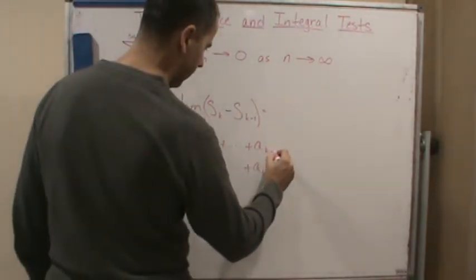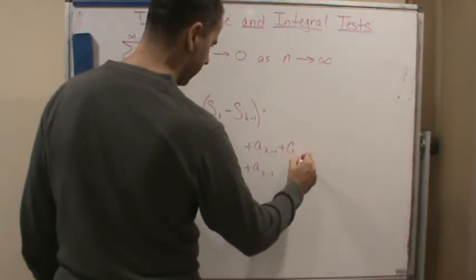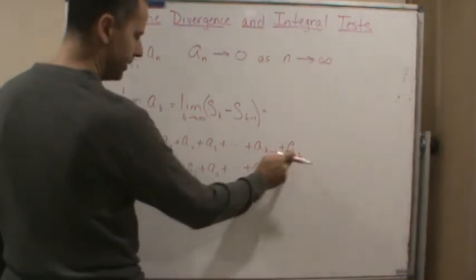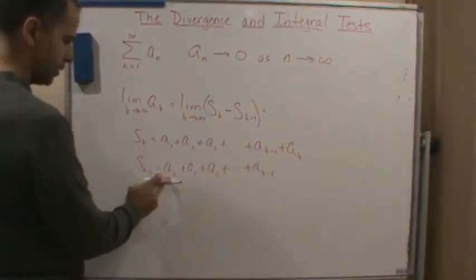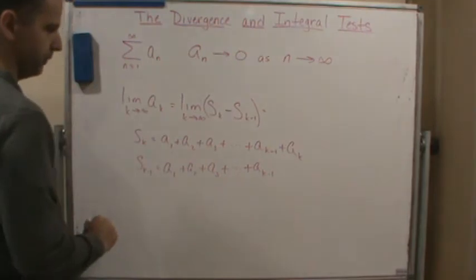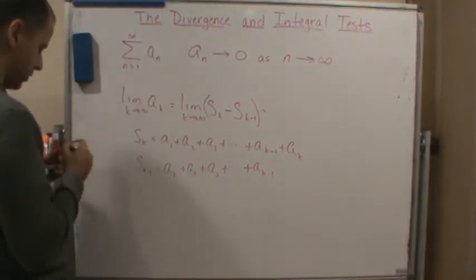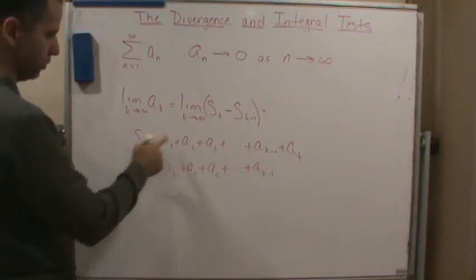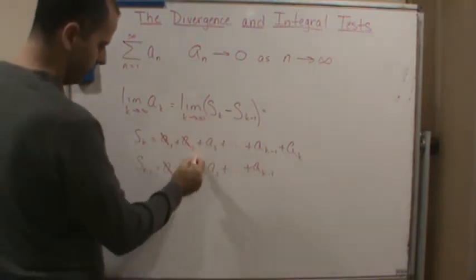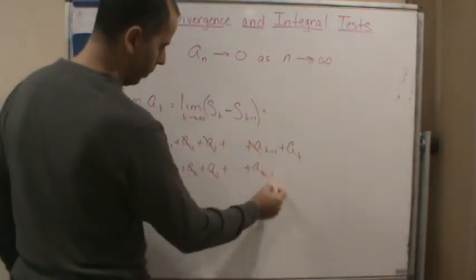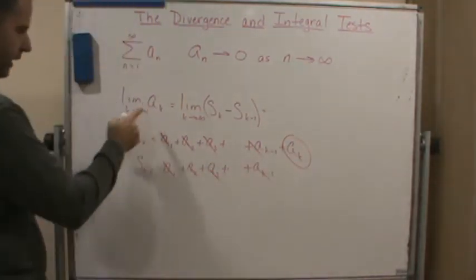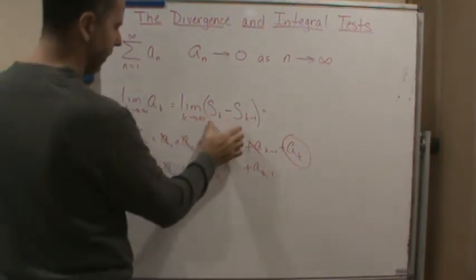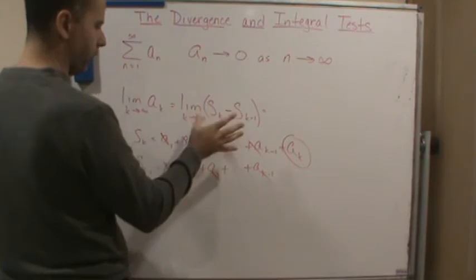So s sub k goes all the way up to a sub k. S sub k minus 1 goes all the way up through a sub k minus 1. And so, of course, if we subtract these two like we are up here, then all of these terms go away and we're left with a sub k. Okay? So now, if we look at this here, and if these sequences converge, right?